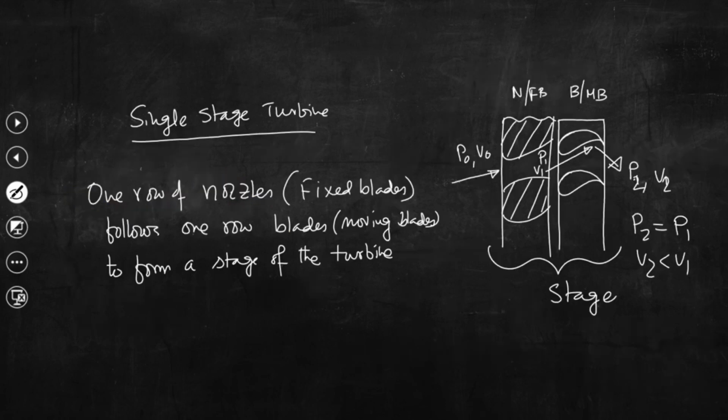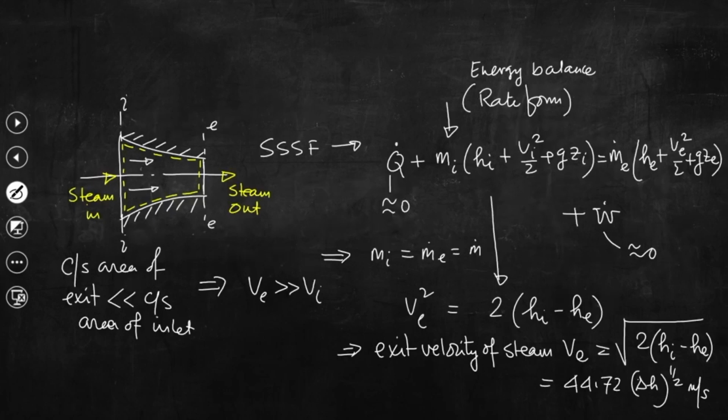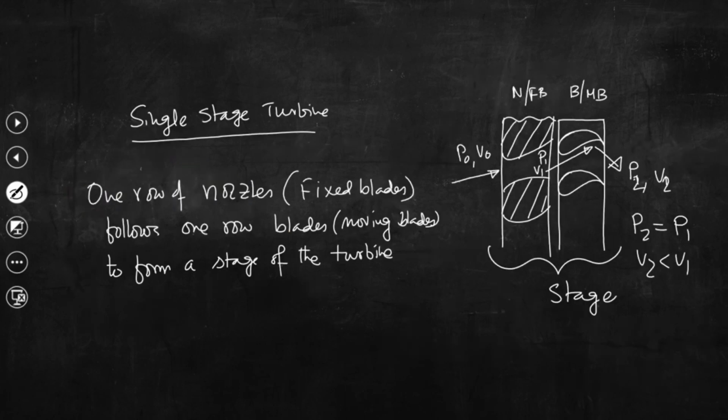So, try to understand the velocity of steam if we apply that same equation between state 0 and 1. Of course, V1 is the velocity of steam at the exit of the nozzle according to the schematic. So, now V1 is equal to the square root of 2 into (H0 minus H1). This is the expression we have derived in the previous slide.